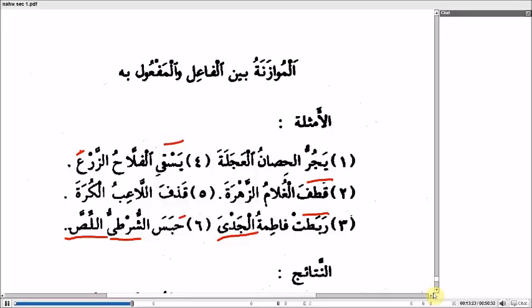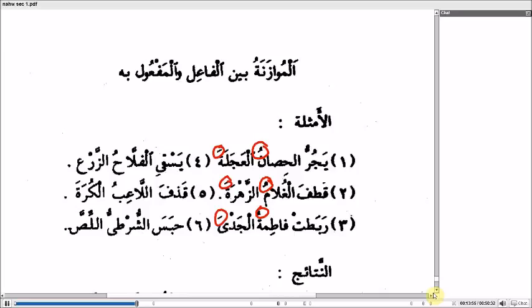We see the same pattern here in these 6 examples. Al-hisanu, he's the one pulling the cart, and the cart is mansoob. Al-ghulamu, the one doing the pulling of the zahrata, mansoob. Fatimatu, she's the one tying al-jadya, the billy goat.